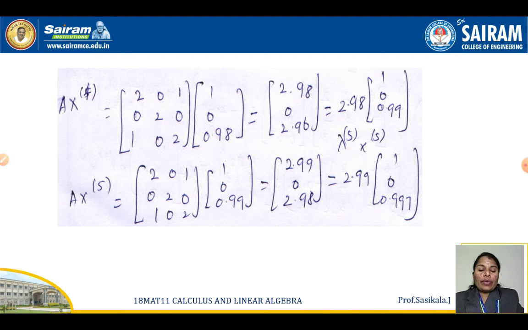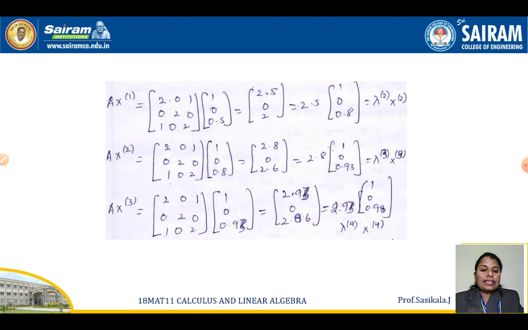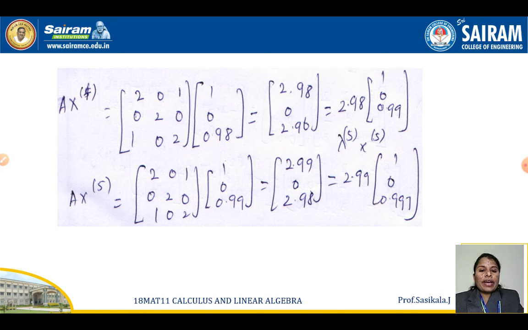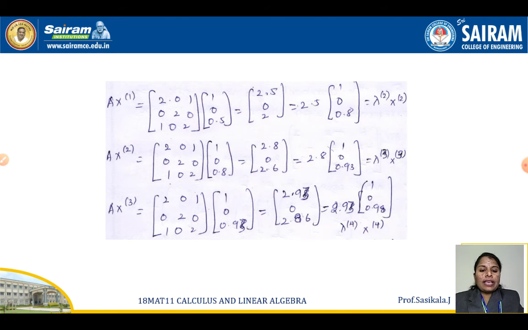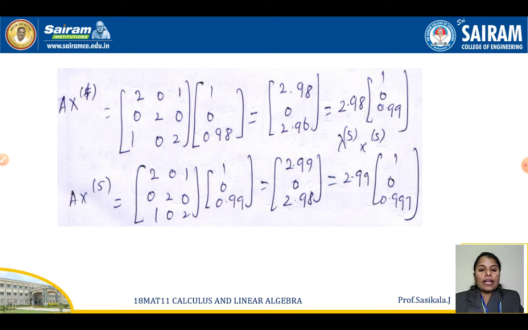Now again you can compare. It is 2.93 and 0.98. So the eigenvector is almost okay, but the eigenvalue is a little different. So we'll go with one more iteration to get a better solution. After reaching A into x of 5, the fifth iteration, I can get the answer as 2.99 of 1, 0, 0.997. Compare your fourth and fifth iteration; you're getting almost equal values.